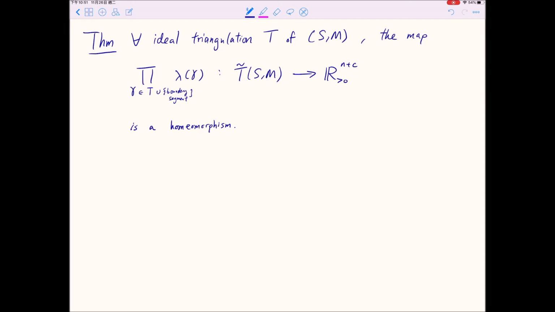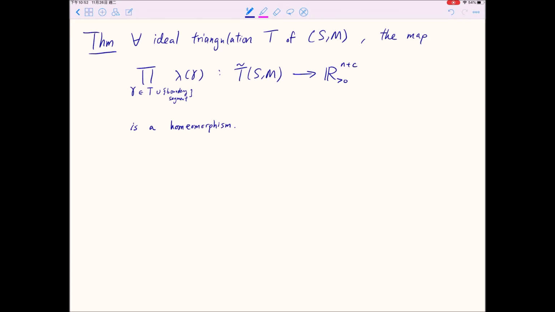So this means that the lambda length will give you enough information of the decorated Teichmüller space, and this gives you a coordinate system of the decorated Teichmüller space.